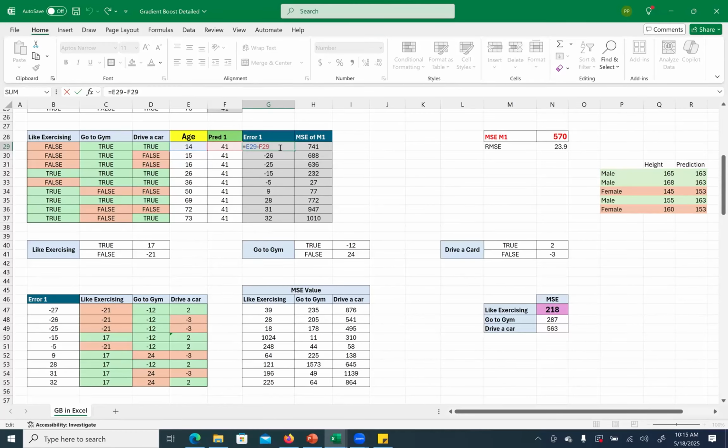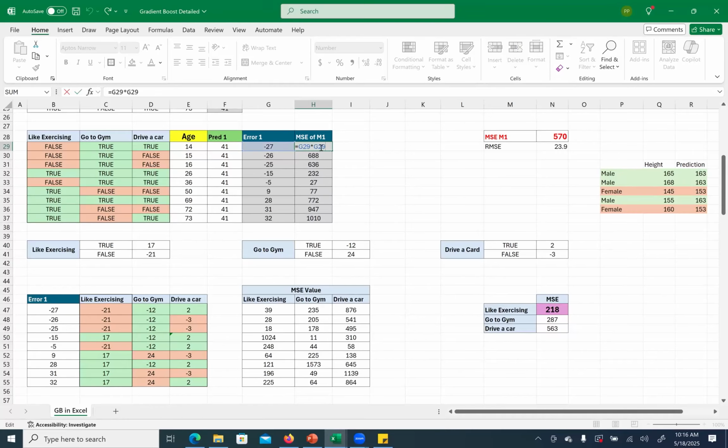Any question? Any other question? What is MSC of M1? Where is it? H column. Yes, this is nothing but mean square error, the average of this. And this is nothing but the column square.